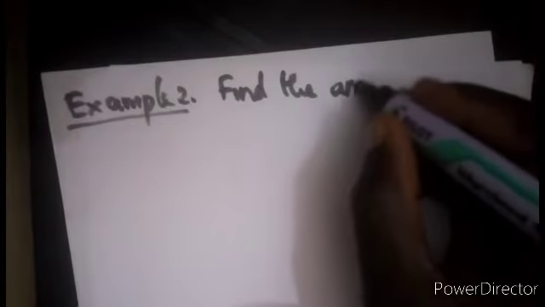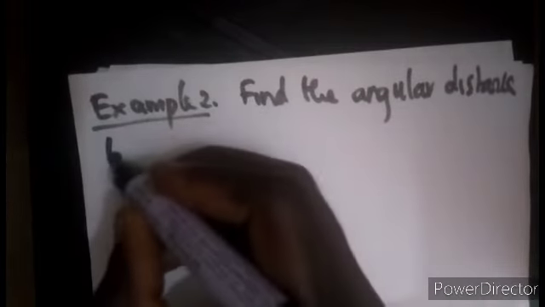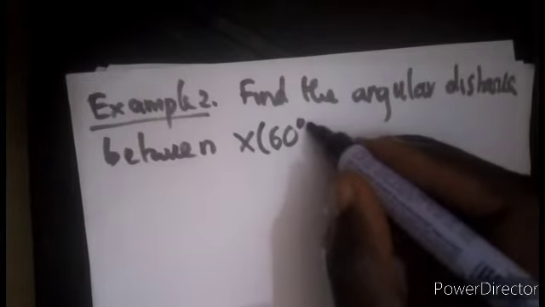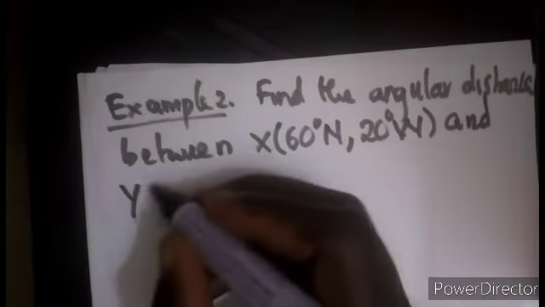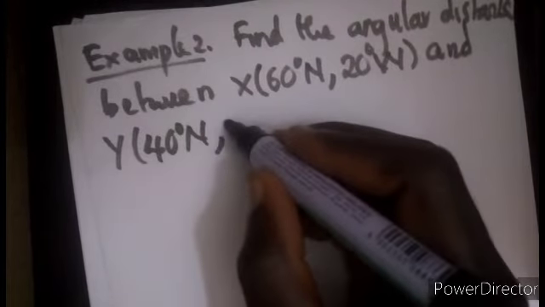Now if you are asked to find the angular distance between x, which is 60 degrees north latitude, 20 degrees west, and the point y, which is 40 degrees north latitude and 20 degrees west.